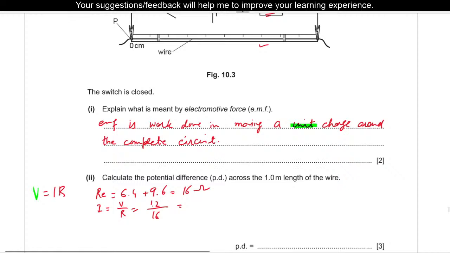So it is 0.075 ampere. Now we know the current, and we know the resistance of the 1 meter of the wire, so we can calculate V is equal to IR, 0.075 ampere into resistance 6.4. Multiplying it, we get 0.48 volt.